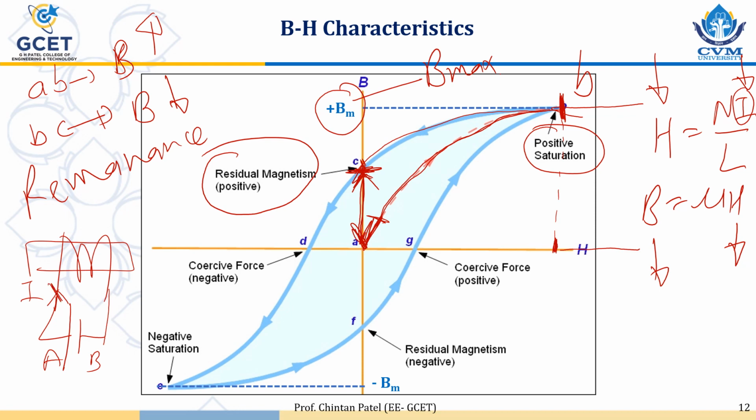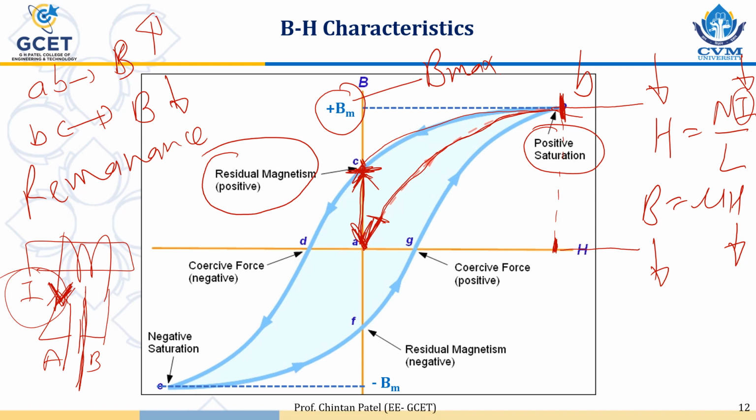Now we have to change the direction of current like this. And for that, we need to change the terminals of the source. So from B negative, now we have to convert this part positive and this part negative. So by changing the terminals of the source, we will reverse the direction of current, and as a result current starts flowing in opposite direction.